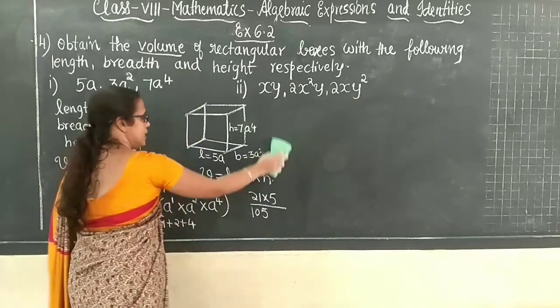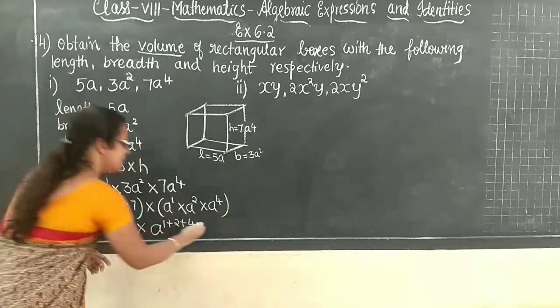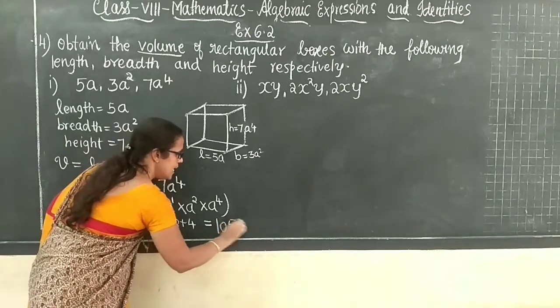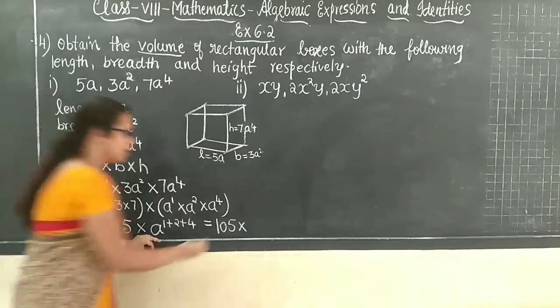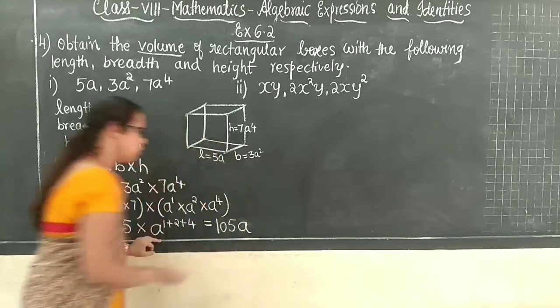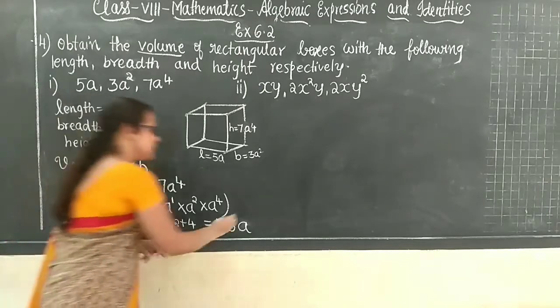So what is the final answer? 105 as it is, and a to the power 4 plus 2 is 6, 6 plus 1 is 7.